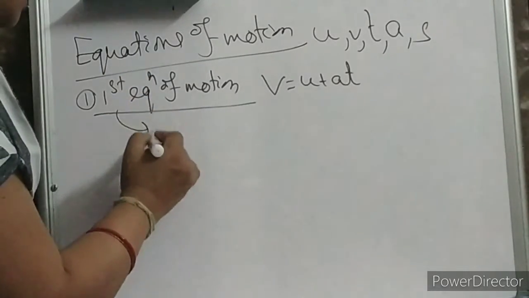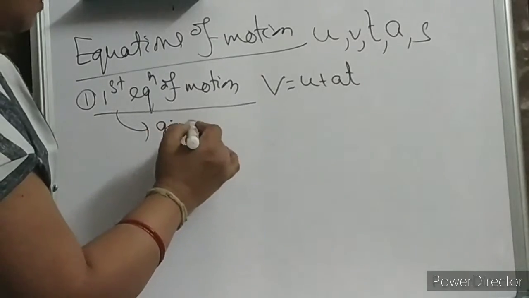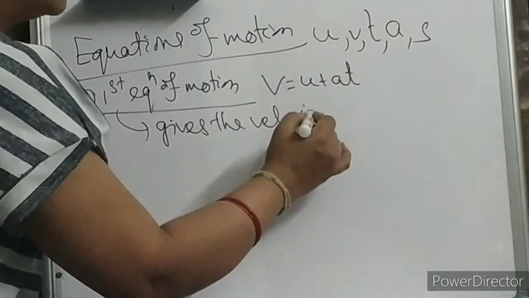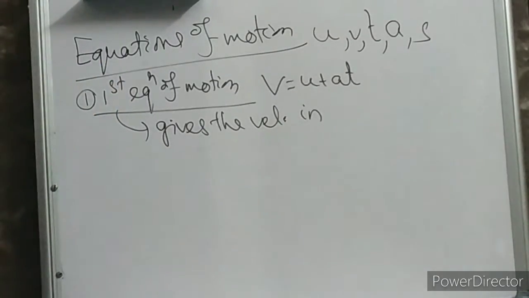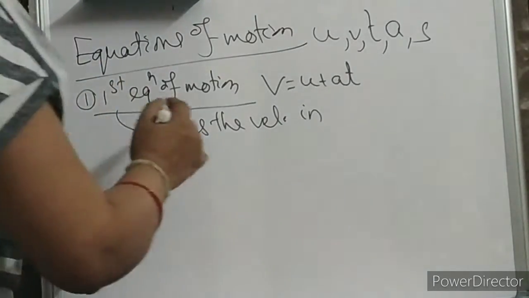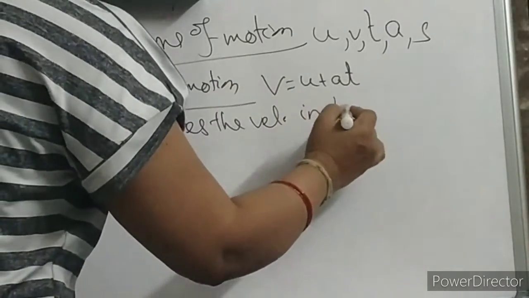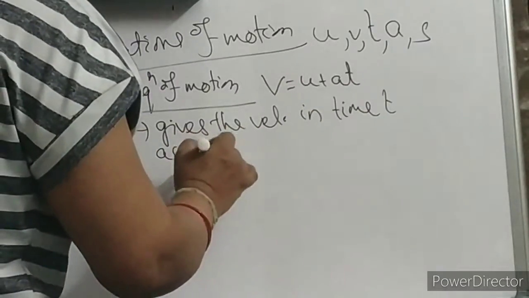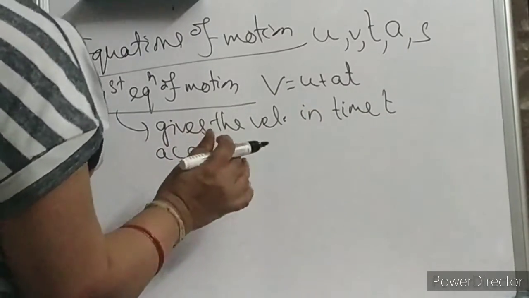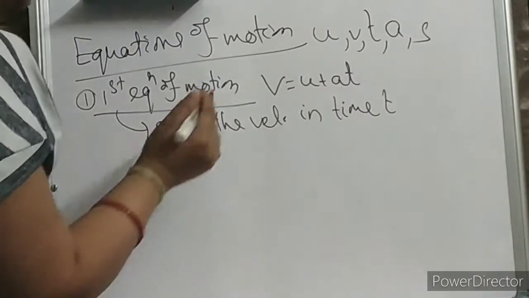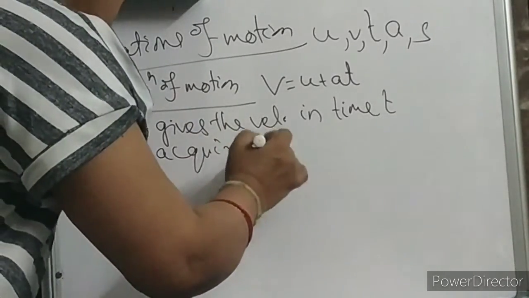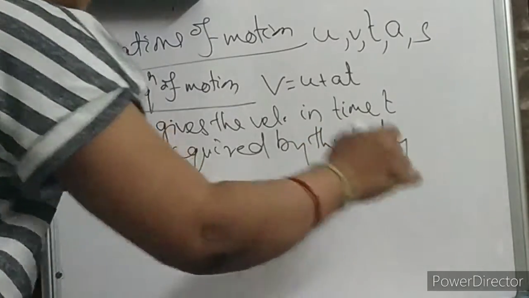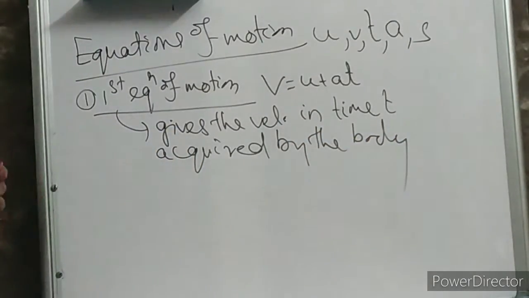The first equation of motion gives the velocity in time t acquired by the body.